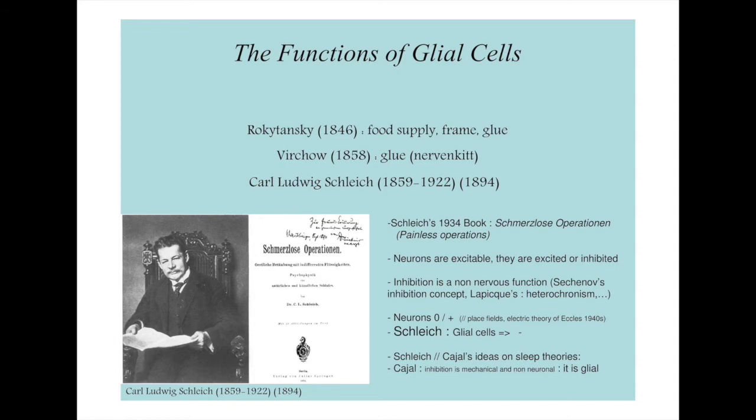Schleich believed inhibition could not be a nervous process, since nerve cells were seen as transmitters of excitation only. Therefore, inhibition was seen as a sort of disruption of nerve cell function. Cajal, for example, thought inhibition was perhaps a kind of interruption of nervous transmission by mechanical forces.